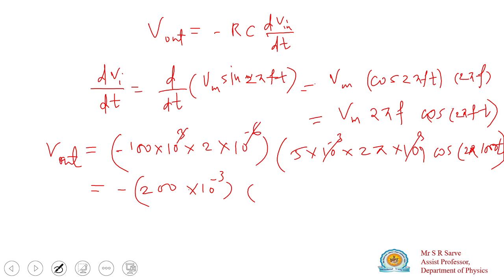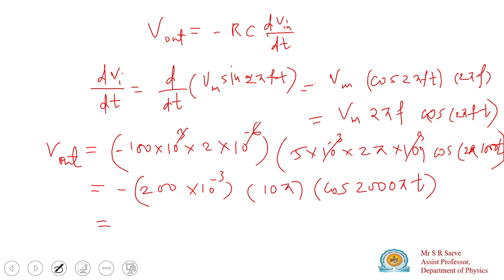This is equal to 10 pi into cos 2000 pi t.